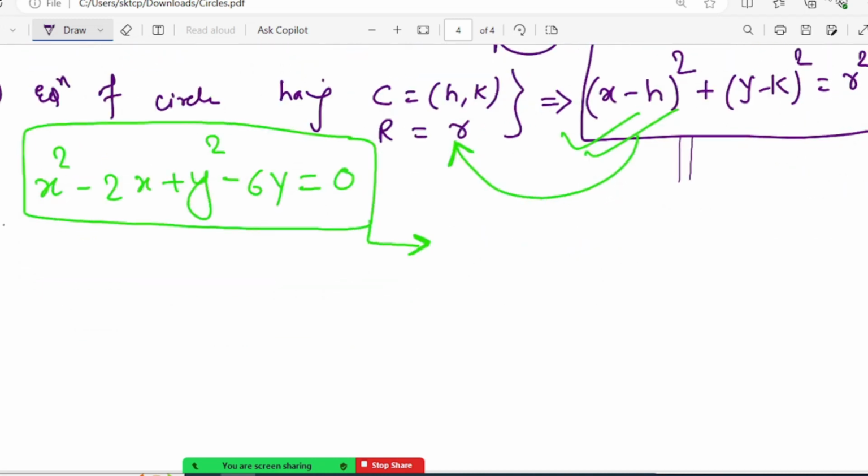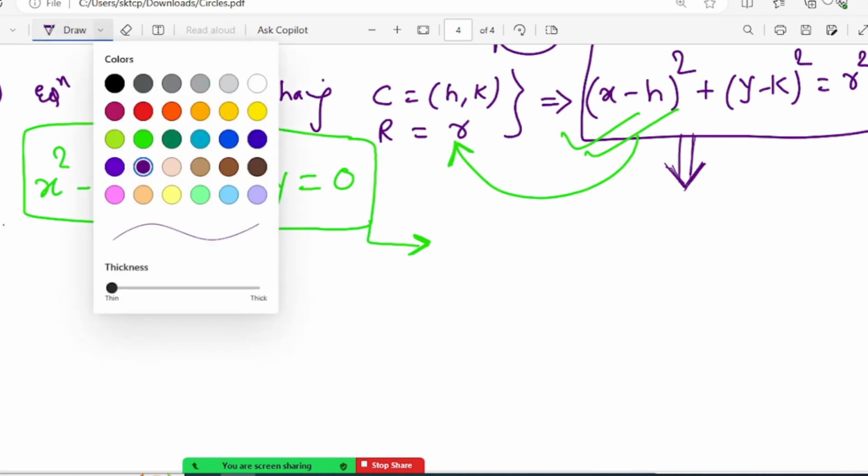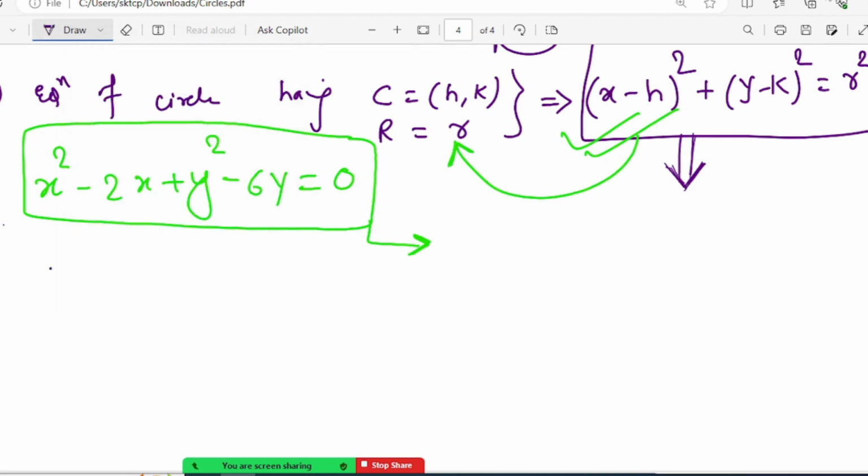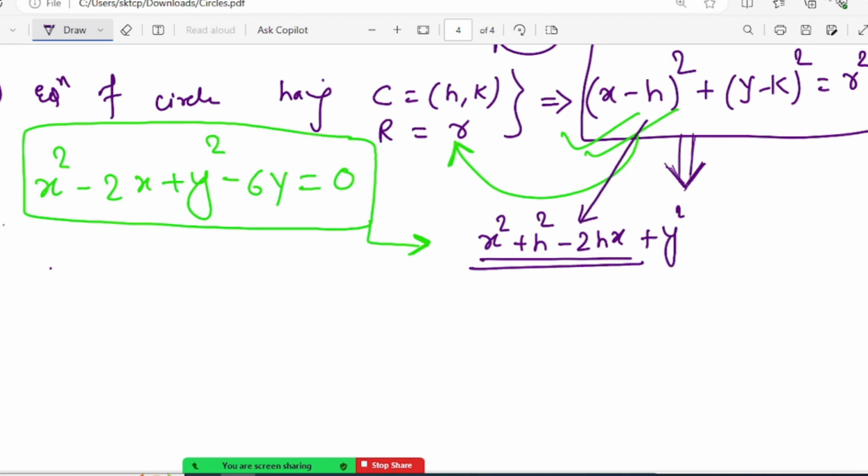See, this is the general equation of a circle having center h comma k and radius r. Just simplify, open this expression. Now we are going to derive the conditions. When you expand this, you will get x square plus h square minus 2hx. Similarly, y square plus k square minus 2ky equals r square.